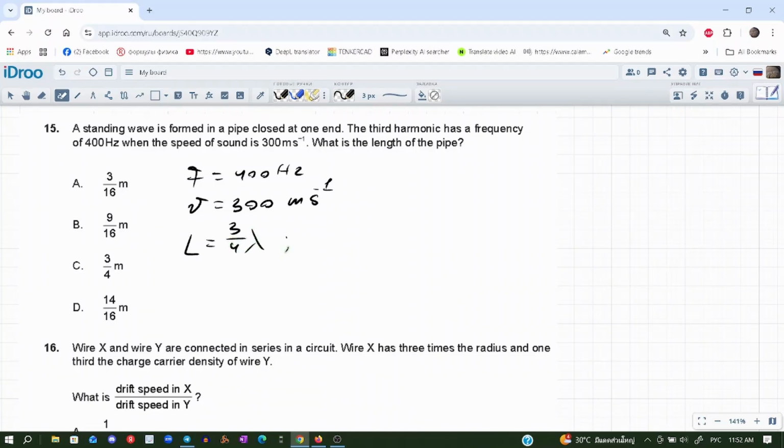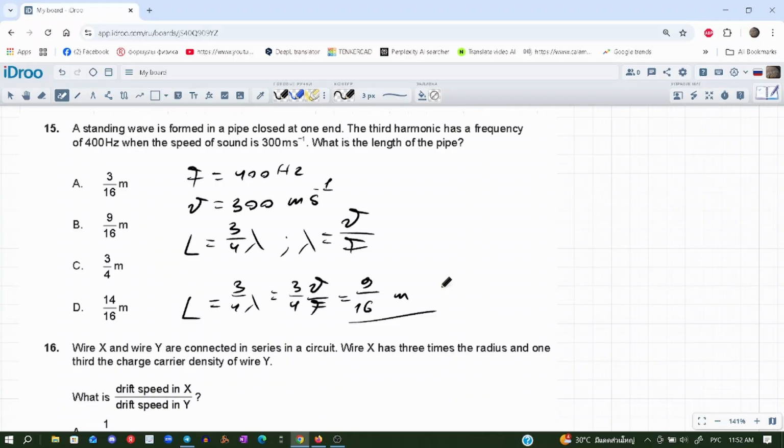Also we know that lambda, the wavelength, equals v, the speed of the wave, divided by frequency of this wave. So we will get that L equals 3 over 4 lambda, but lambda is v over f, so it's 3 over 4 v over f, which is 9 over 16 meters. Option B.